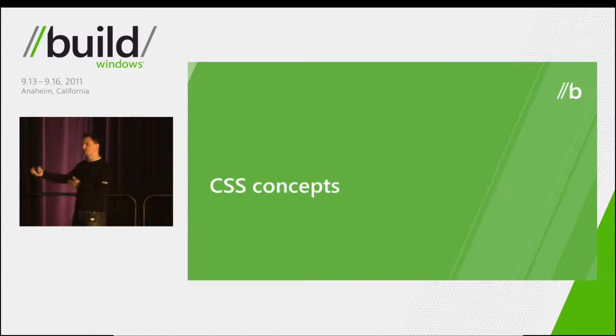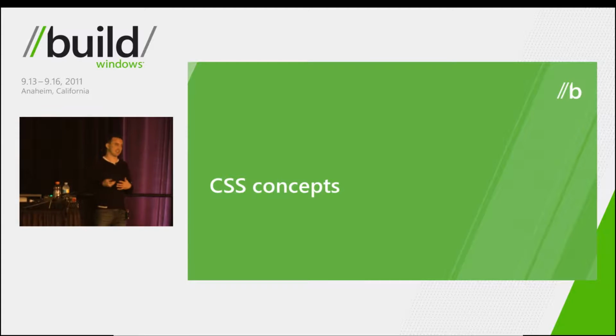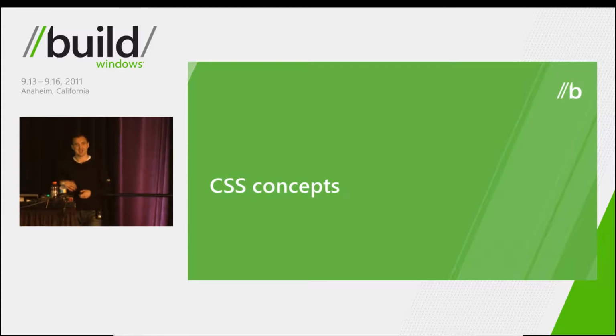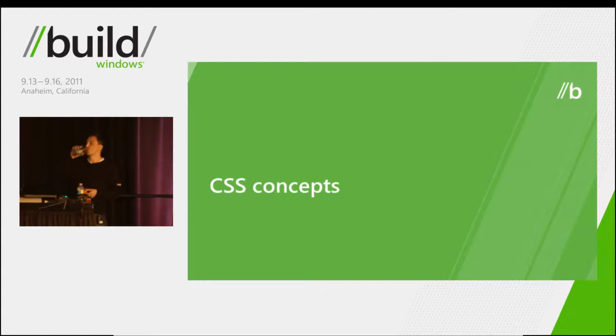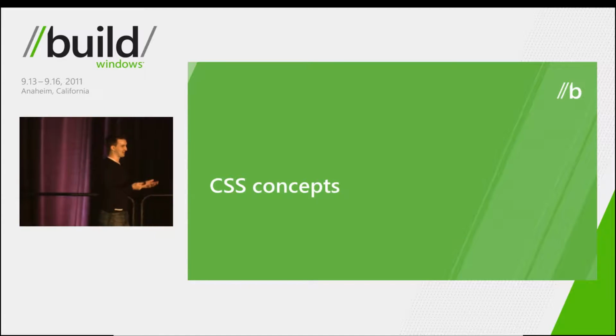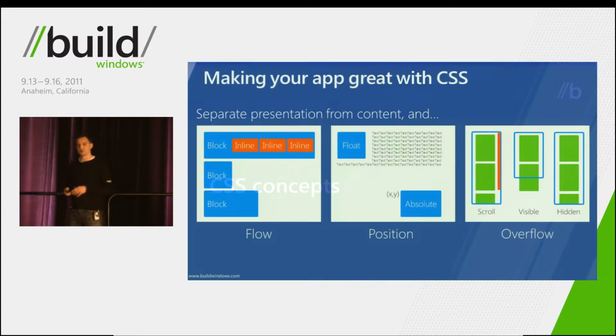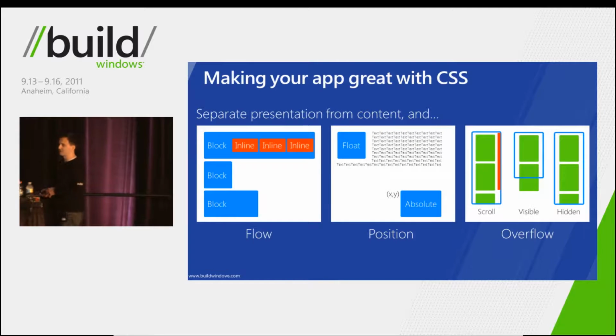So I'm going to spend just a couple of minutes here reinforcing some of the concepts that you're already probably aware of, having designed apps and sites with CSS. Of course, all of you know that there's a tremendous surface area in the CSS standard, so I'm just going to focus on a few core concepts that you're going to use when you go build your great Metro-style apps.